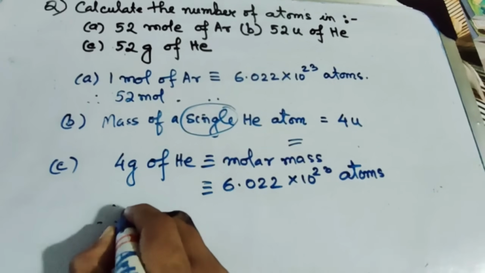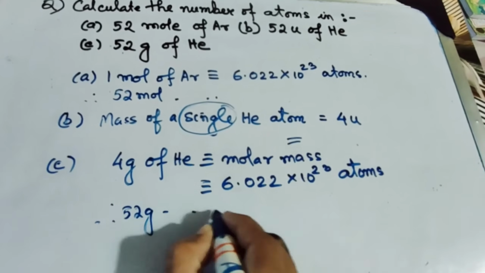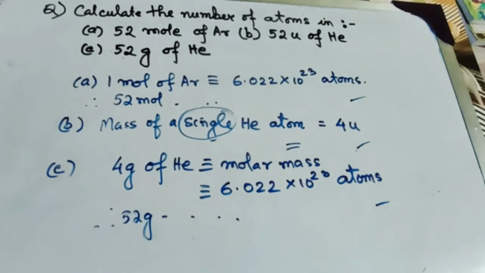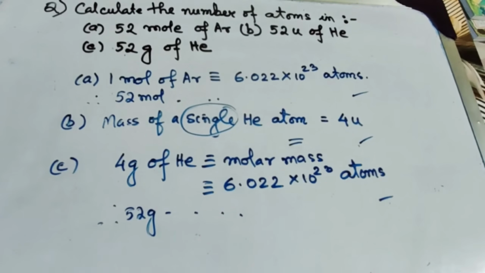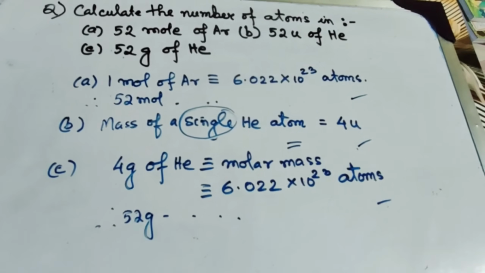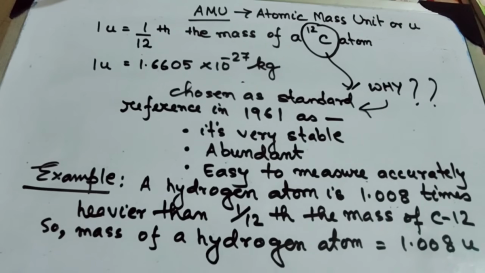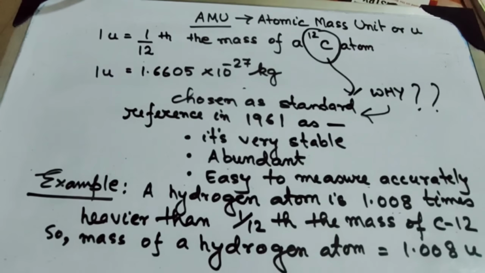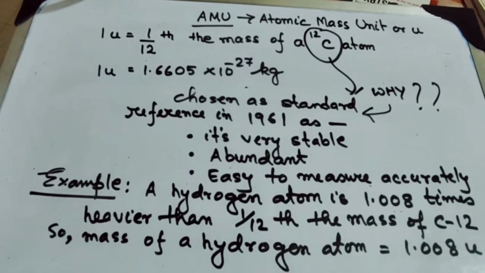Therefore, 52 gram corresponds to how many atoms? So though the calculations are left, I think the process is quite clear to you, and please do the calculation and complete it.